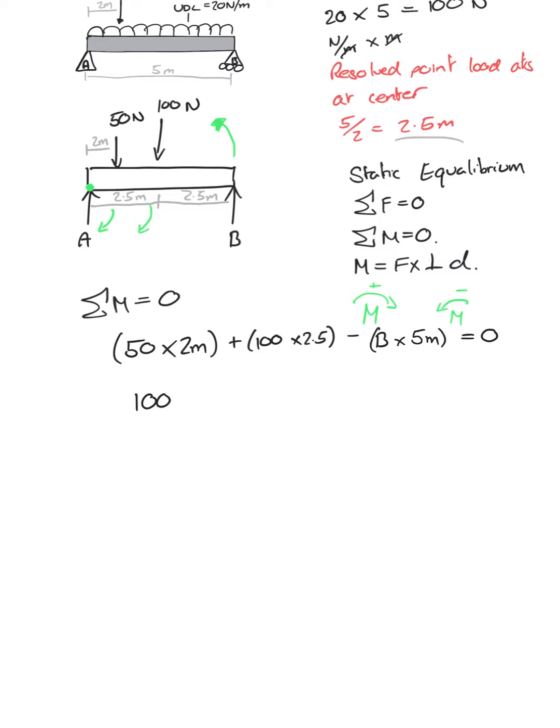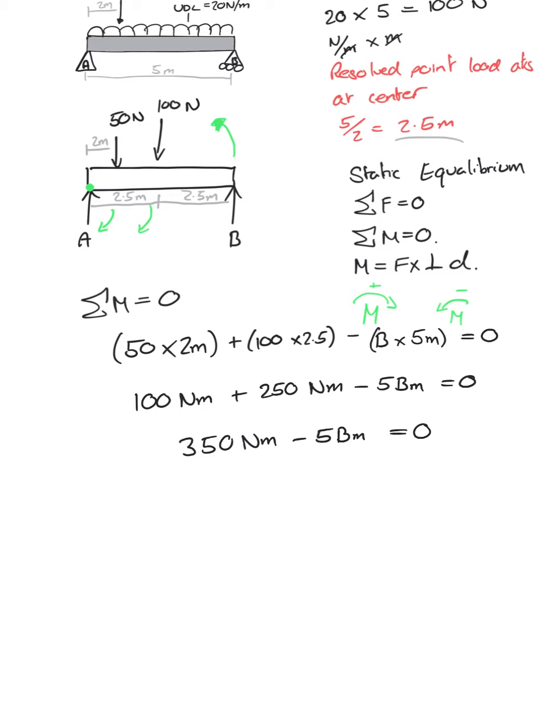So 50 times 2 gives me 100 newton meters. 100 by 2.5 gives me 250 newton meters. Minus 5B equals 0. So 350 newton meters minus 5B is equal to 0.